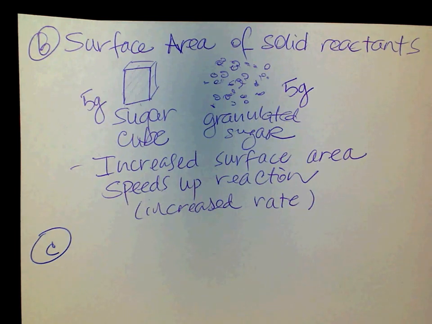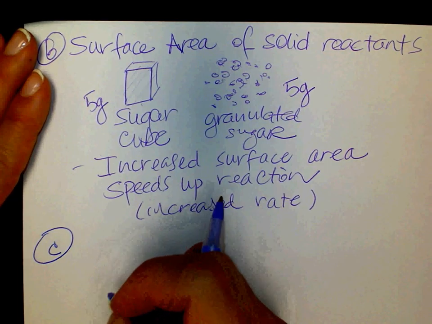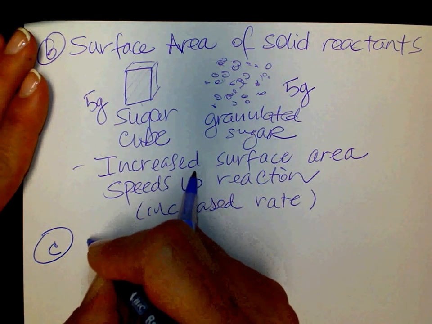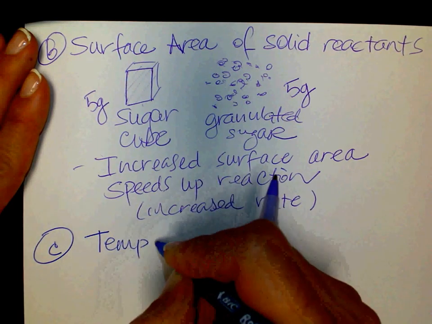What would make them cook faster? If you put it on heat level 2 or heat level 8? Heat level 8, okay? Now, you don't want to burn them, but what are we changing when we turn up the heat, guys? We're changing the temperature.